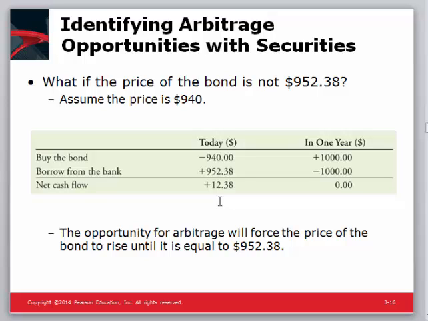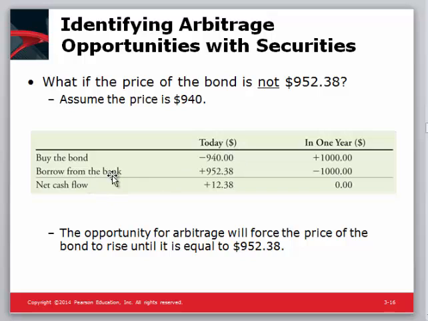So what should you do? You should do this as much as possible, because every time this transaction happens, you make $12.38. So what's that going to do? More people are going to be buying the bonds and more people are going to be borrowing. When more people are buying the bond, it's going to drive the price upwards.